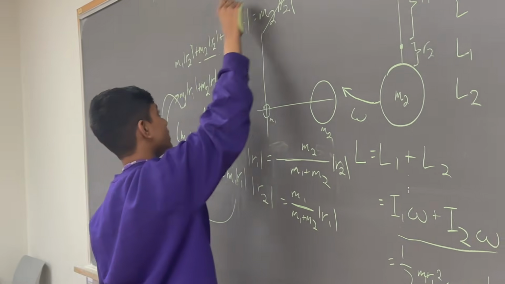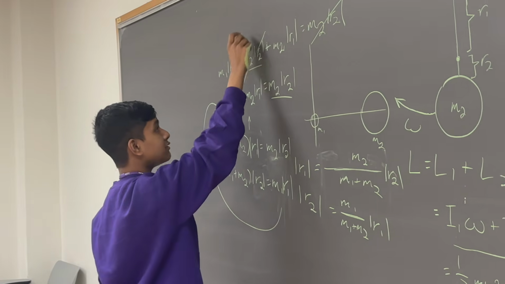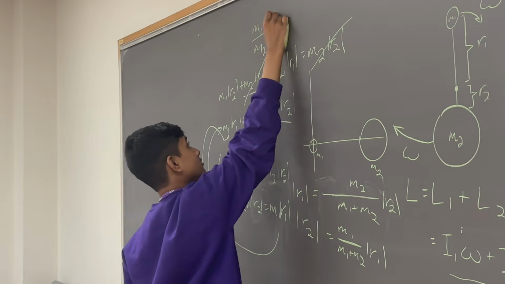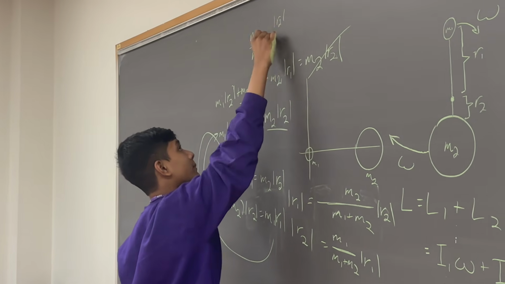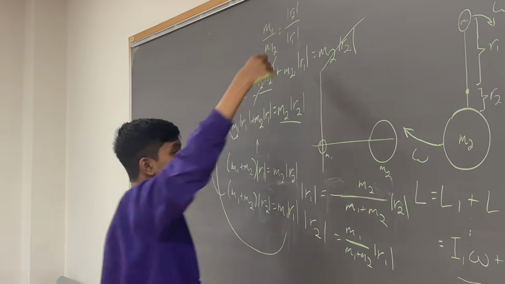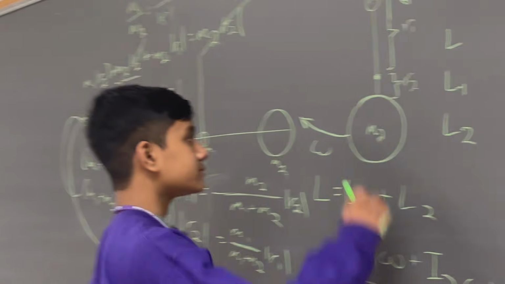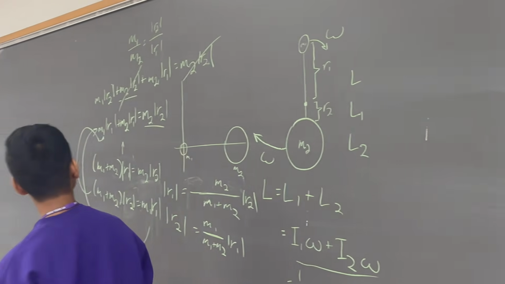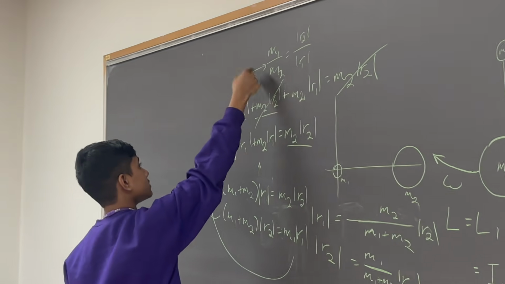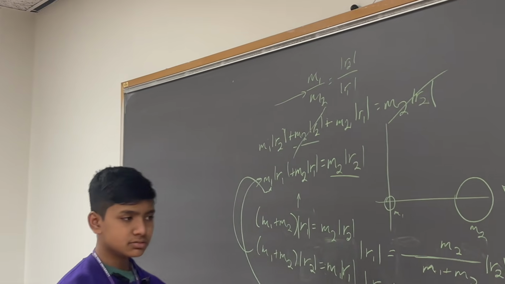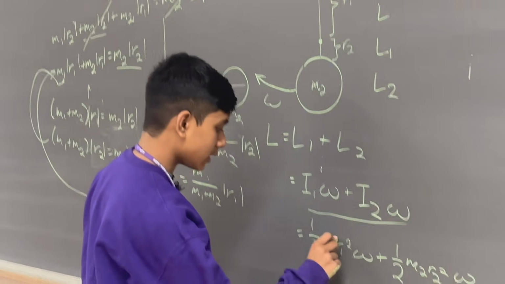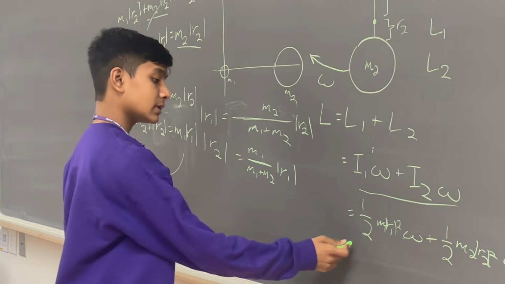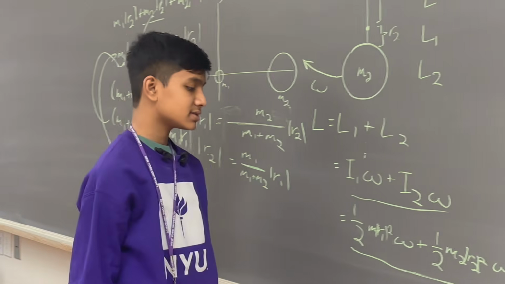So we get the opportunity to cancel these out, and we finally notice that m1 over m2 is equal to the magnitude of r2 over the magnitude of r1, which should be pretty apparent from the diagram, right? I mean, the bigger m2 is, the smaller this distance gets. So this guy's nice. Now, I guess it should be implied that this is this, this is this, but anyhow, what do we do about this?